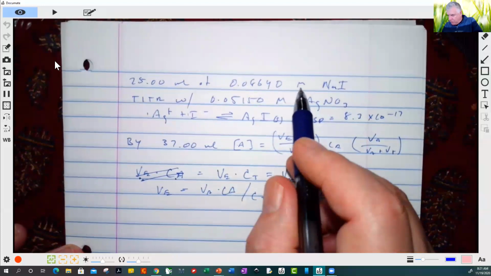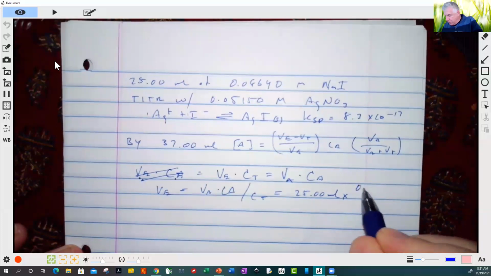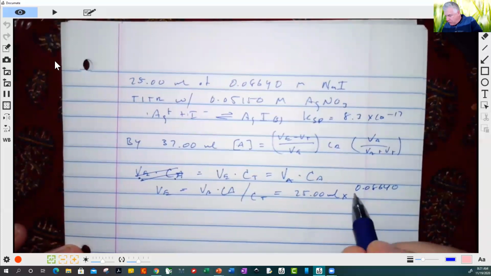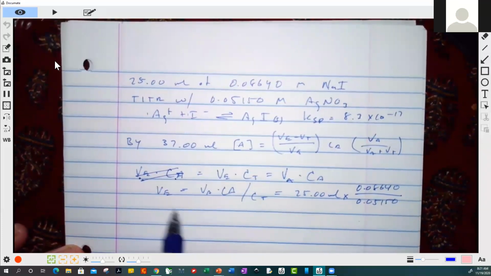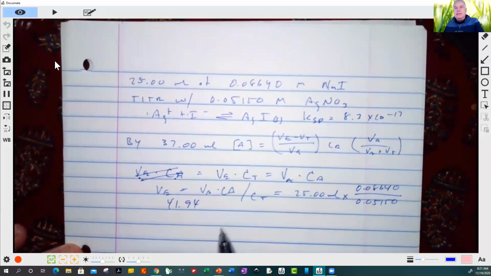Molar is moles per liter or millimoles per milliliter. It's the same unit, right? This is going to be 0.08640 over 0.05150. Right? And that is equal to 41.94. Excellent.